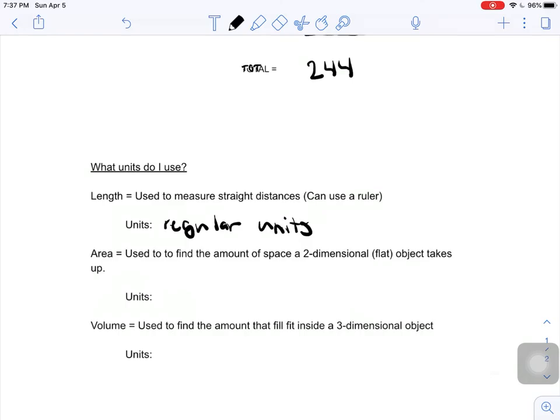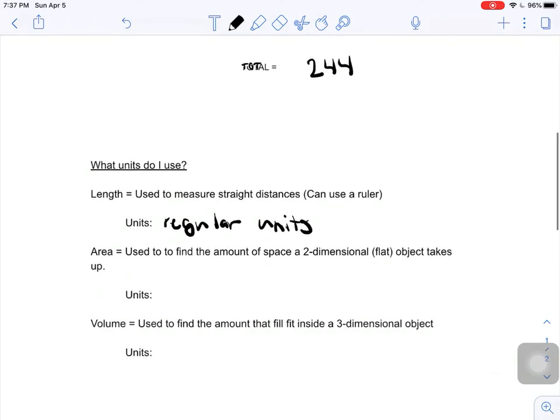Area units. Area is used to find the amount of space that a flat object takes up. So that would use square units. Or another way of writing it would be units with a square symbol.